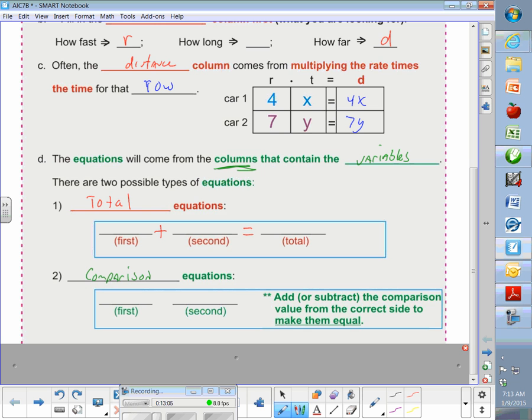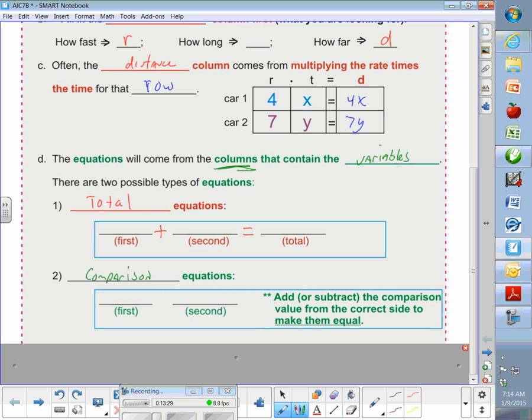For example, I might be over 40 years older than you. That's a comparison. If I added my age and your age, we're probably going to be around 72. Oh, that sounds horrible. 71, maybe 70. That would be a total.